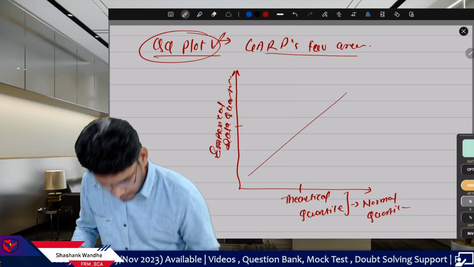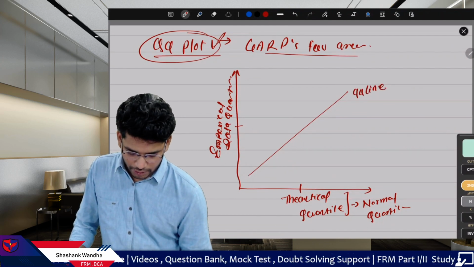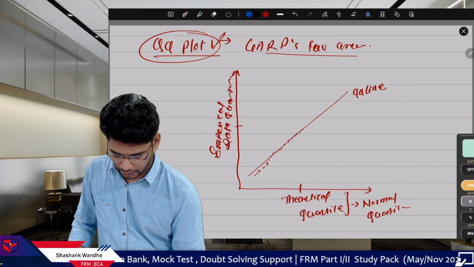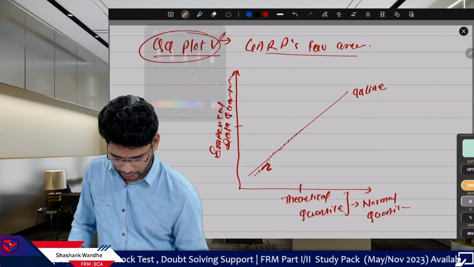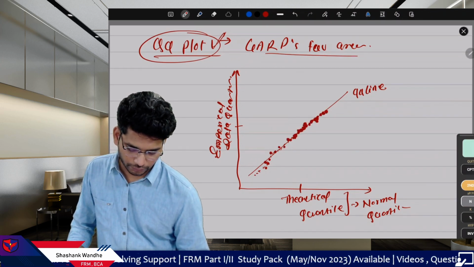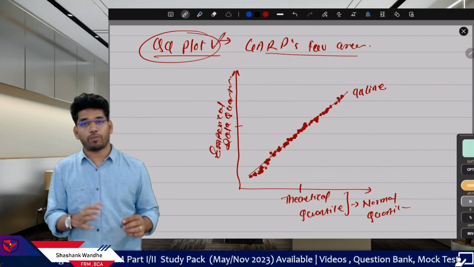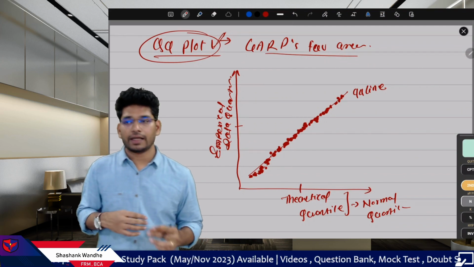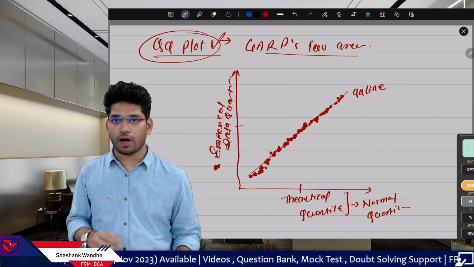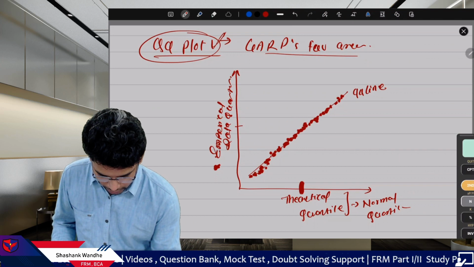Okay, so this is our QQ line. If points fall on this particular line, then we assume that this particular empirical data is normally distributed.